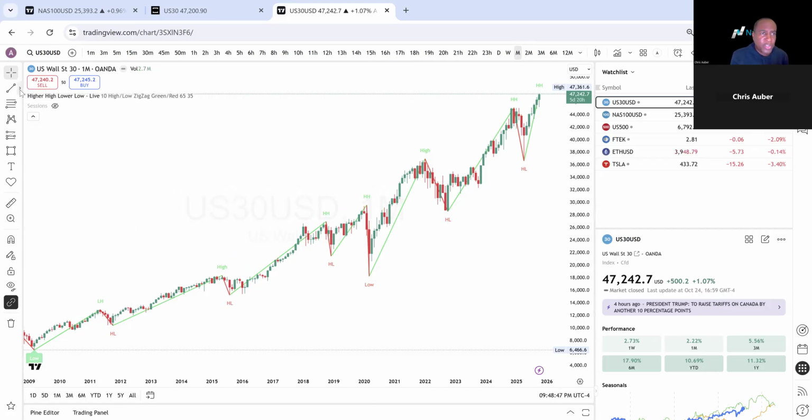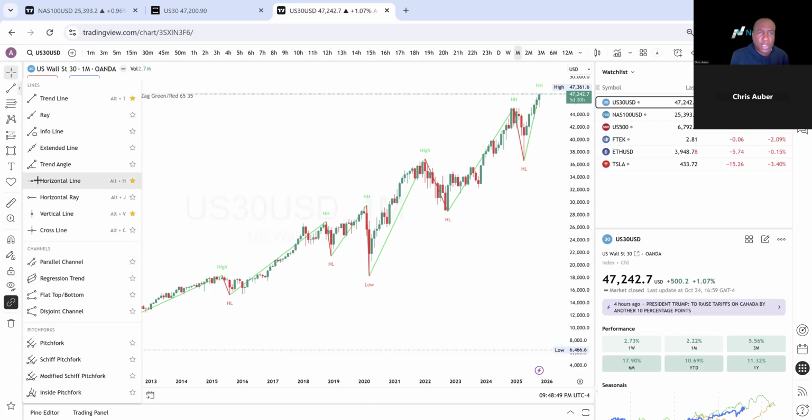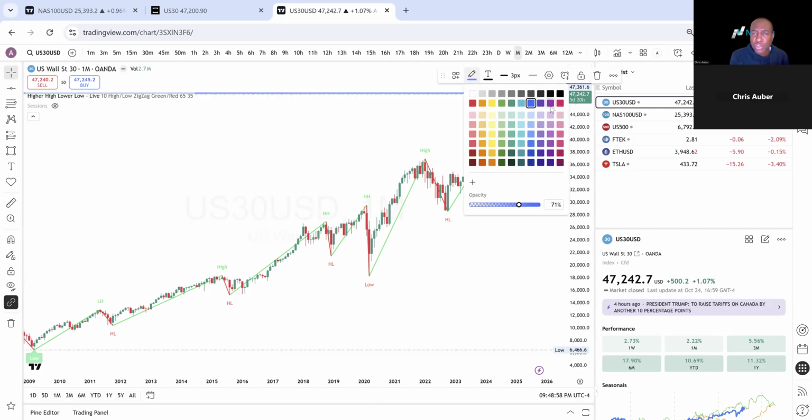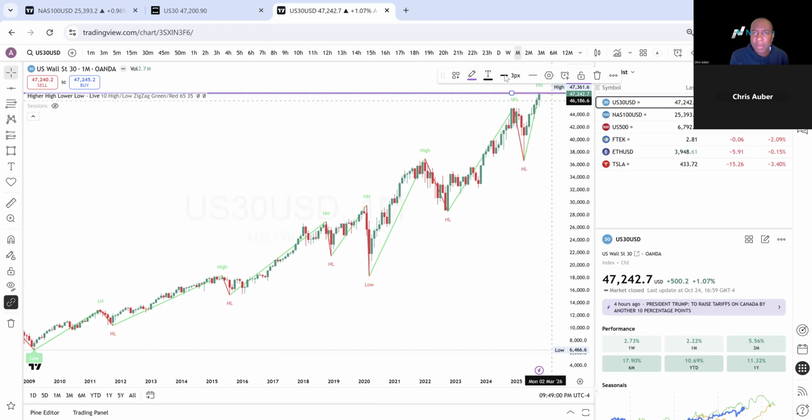Then the first thing, I use color coordinations for different days. So for example, I want to make sure that I mark my highs and I mark my lows on each particular time frame. So the highest point that I'm seeing here is 47,361.6.